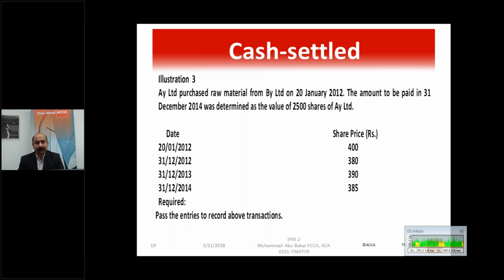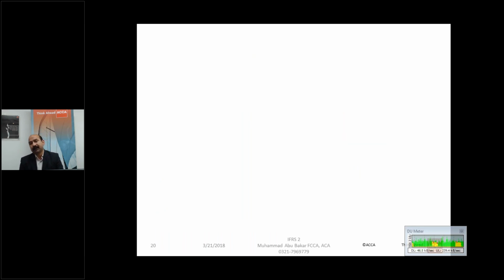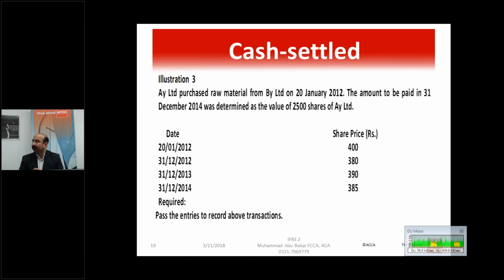Meaning on 31st December, the share price of this company will be multiplied with the 2,500 shares in order to determine the amount to be paid. So this is cash settled. This is being settled ultimately in cash. But why share-based payment? Because how much cash is dependent on the value of the shares and value of the 2,500 shares.